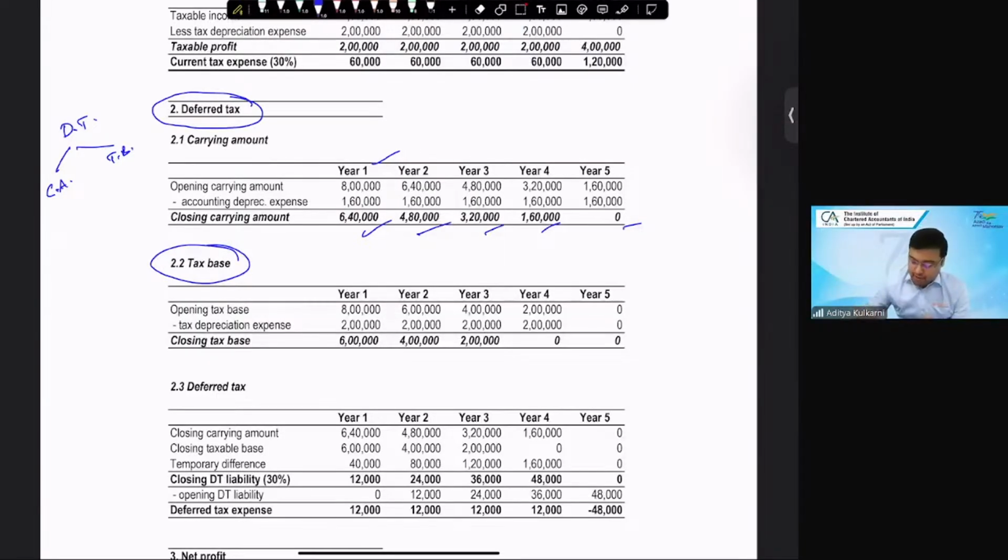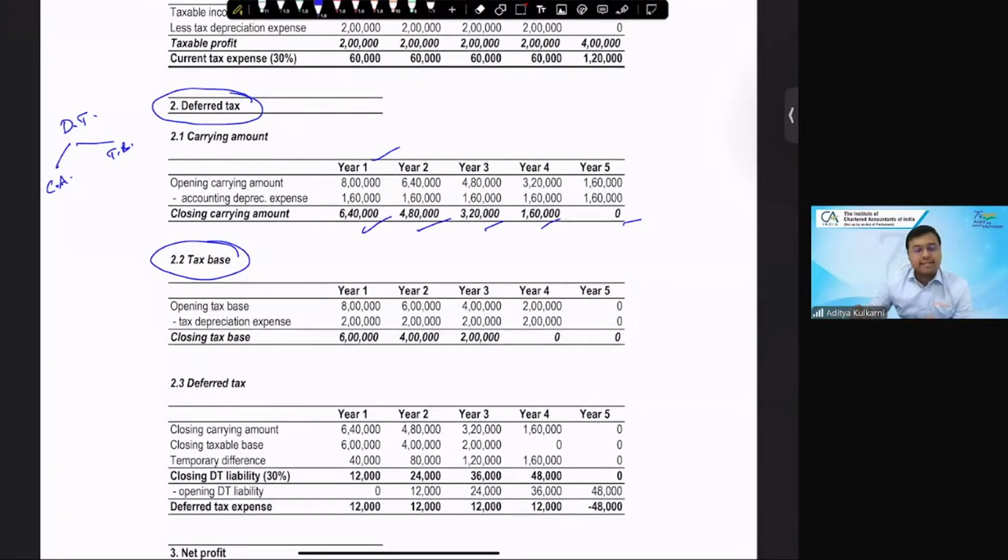So for tax purposes, my opening value of asset is 8 lakhs. Do you agree? Yes, sir. But because of depreciation of 2 lakhs for 4 years, the tax base is 6 lakh, 4 lakh, 2 lakh and 0 and 0 for years 4 and 5. Are you okay till now? Yes, sir. If anyone has any difficulty till here, please tell me. Clear, sir. Pallavi, hope you also understood. Yes, sir. Fine.